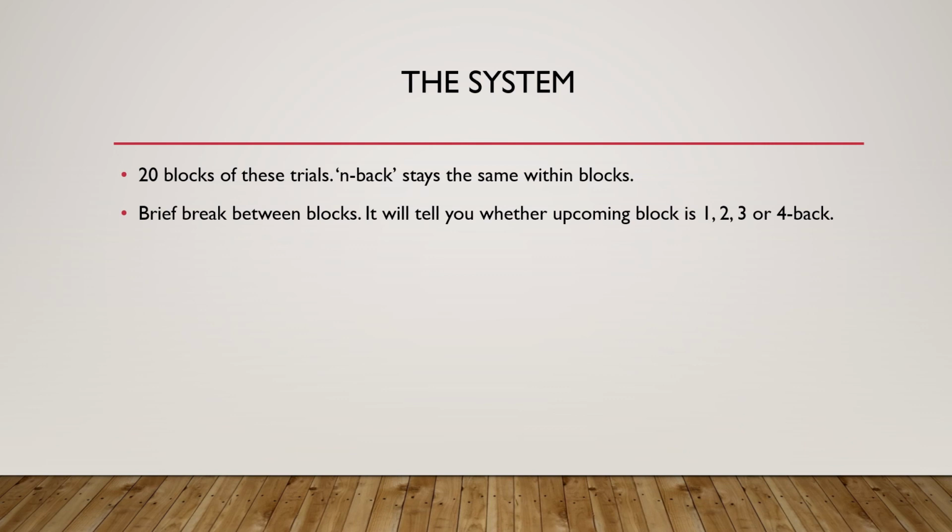Between each block, we will tell you whether you have to remember 1 trial back, 2, 3, or 4 trials back. We will tell you that when we give you breaks. There will be an on-screen countdown that will tell you when the next block will be coming up.